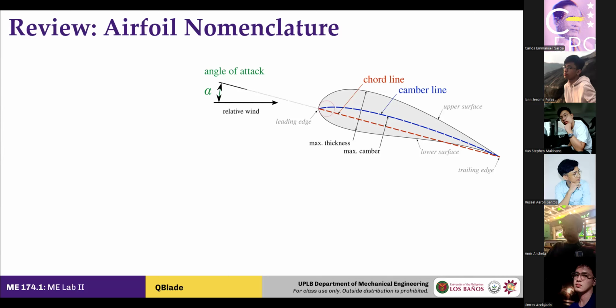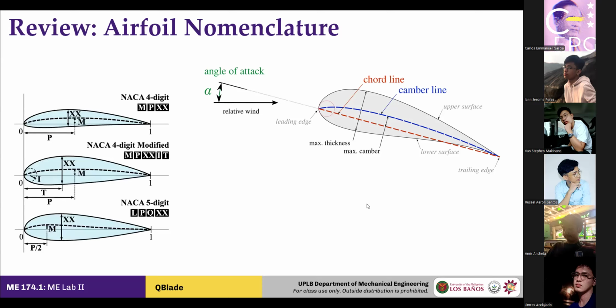With regards to airfoil terminologies, yung inintroduce sa amin ni Sir Danao na method of labeling airfoils is what we call the NACA terminology. So NACA is siya yung protoform ni NASA, or you can say the pre-evolved form of NASA during that time.